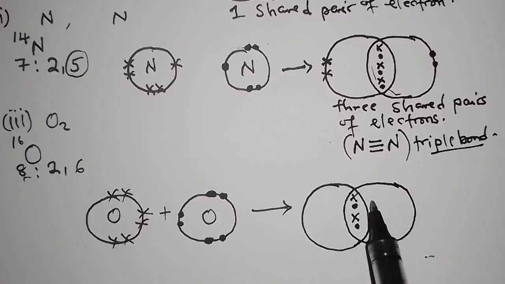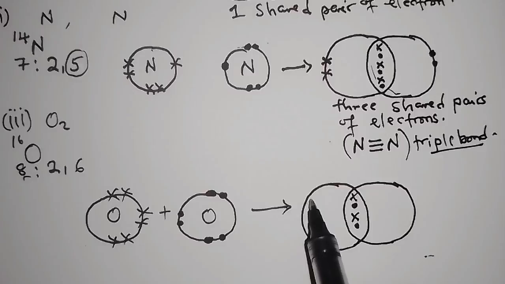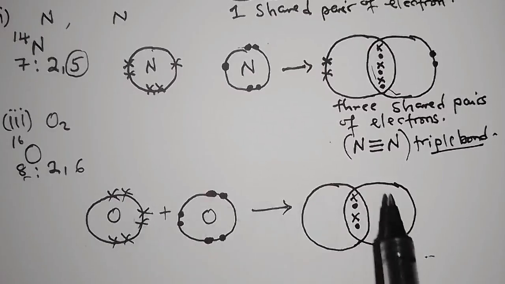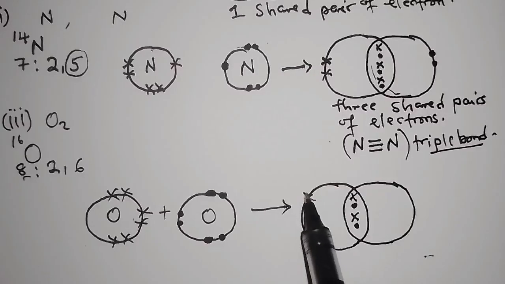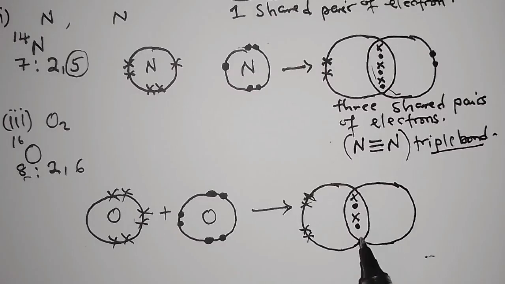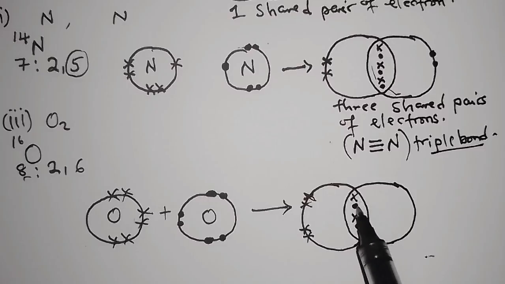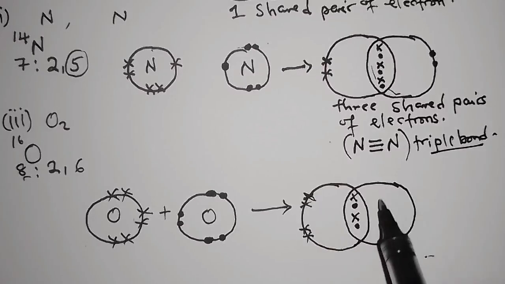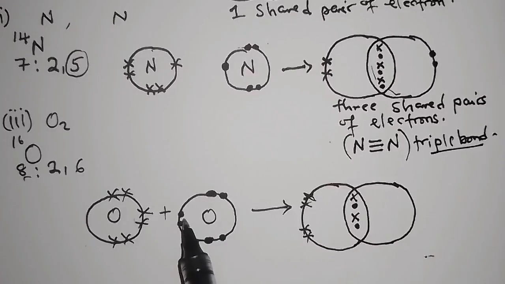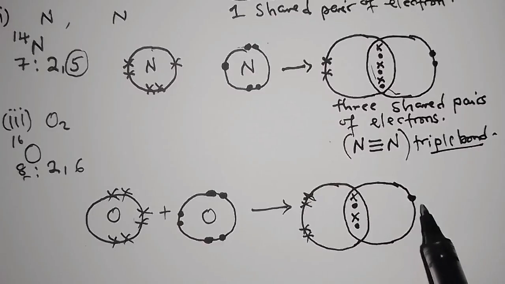In short, we have 4 shared electrons, and the remaining part is 1, 2, 3, 4, because you have taken these 2. When you count the total number of electrons, the unshared ones and the shared ones, they should be 8: 1, 2, 3, 4, 5, 6, 7, 8. Even on this side, we have taken 2 dots out, so it means 1, 2, 3, 4.